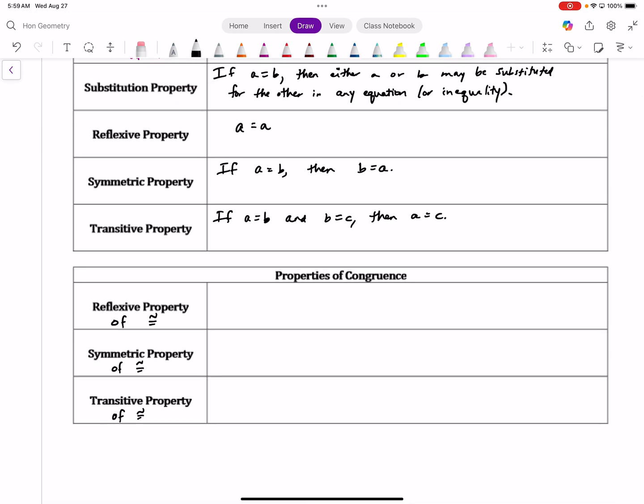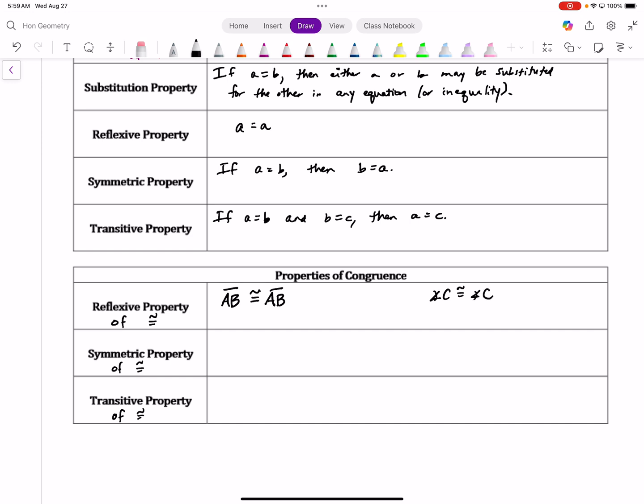So the reflexive property of congruence would be if you say segment AB is congruent to itself, or angle C is congruent to itself.